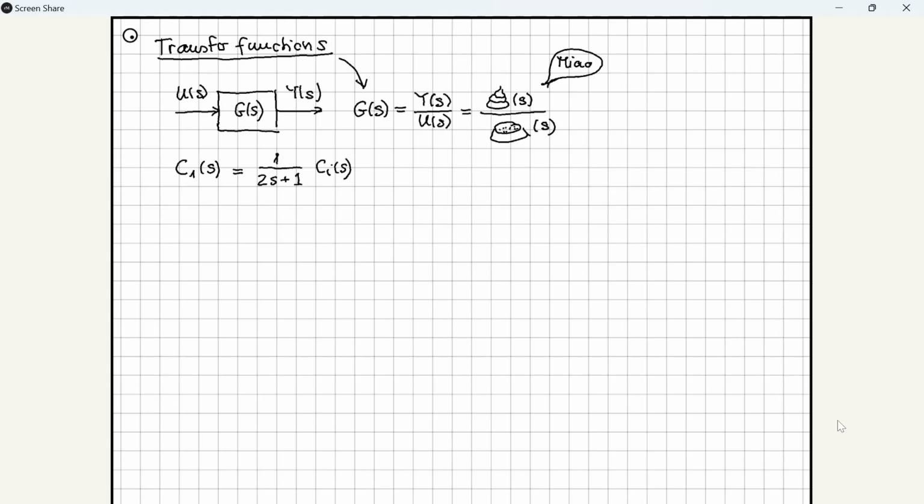Now we can say that the transfer function, let's call it G1 of S, is therefore 1 divided by 2S plus 1, because this is the output, C1 of S, divided by the input, Ci of S.